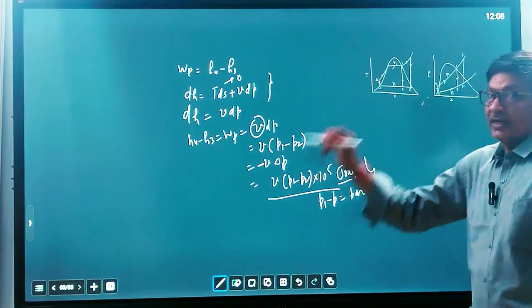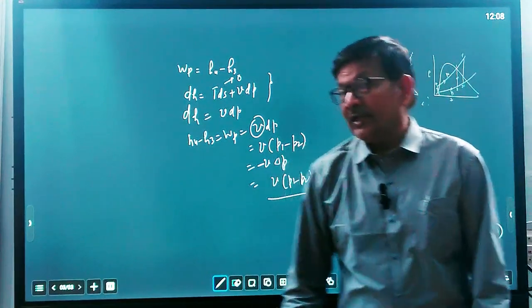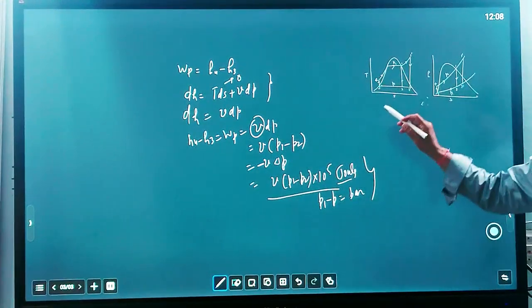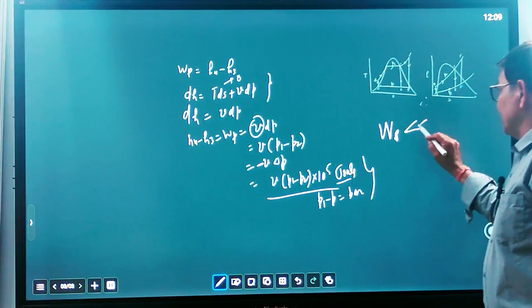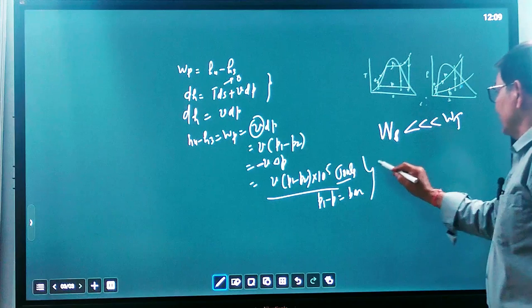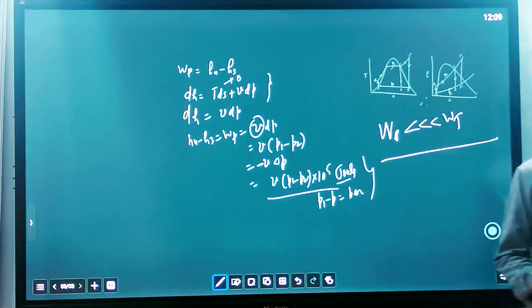That's why we first condense it in the condenser, so that the pump work WP will be very small compared to WT. That is the advantage of using the Rankine cycle.